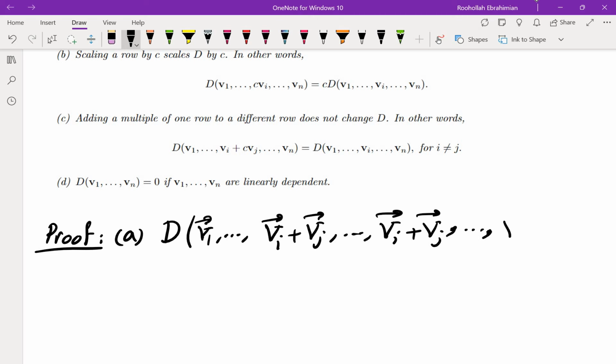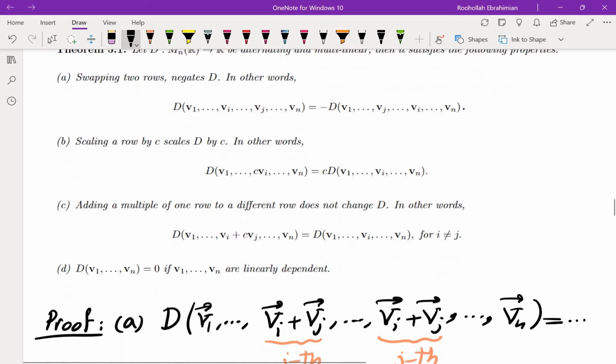I'm not going to repeat the same proof, but it's basically that. This is the ith position. This is the jth position. And then use multilinearity. Open this up. You get 4 terms. 2 of the terms are 0. The other 2 terms are the ones that swap the ith and jth row. And that would give us the proof.